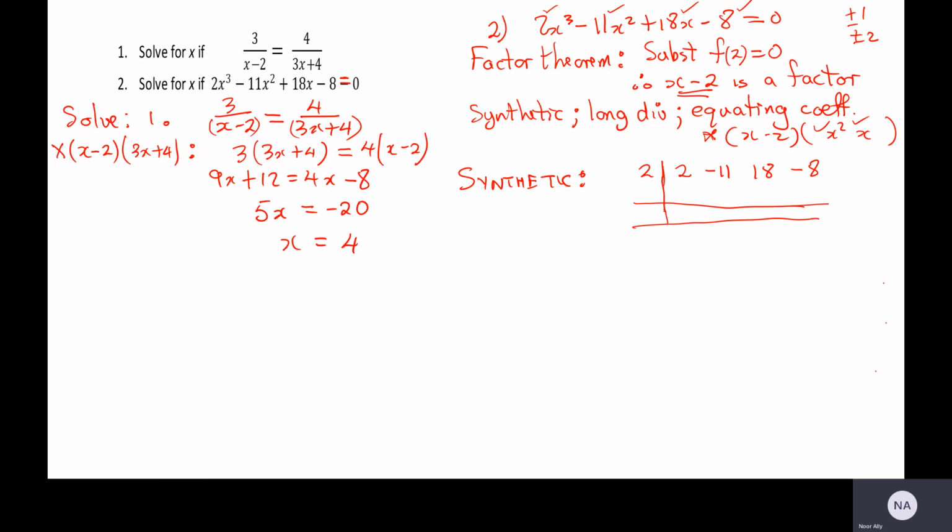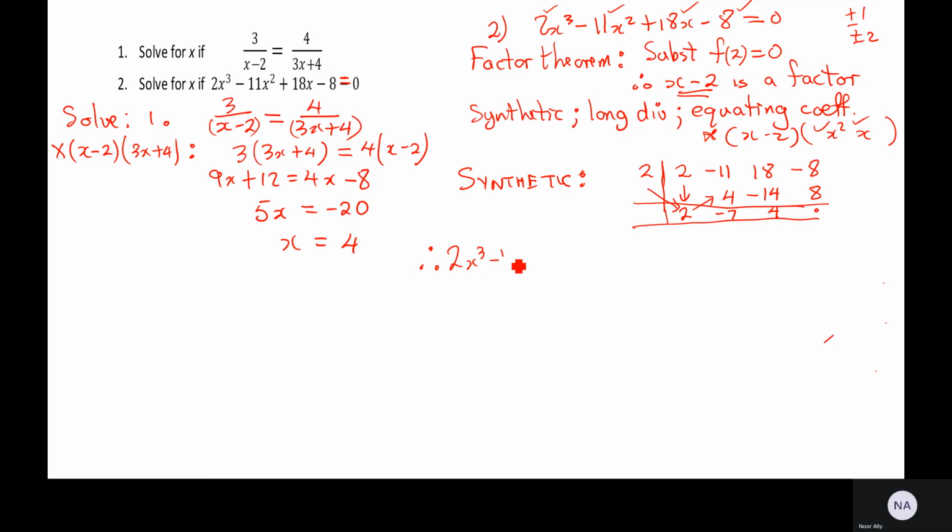What is your first step? Bring down the 2. 2 plus 0 is 2, multiply, put it under the next. 2 times 2 is 4, minus 7, minus 14, that's 4, and 8, voila. There you go.